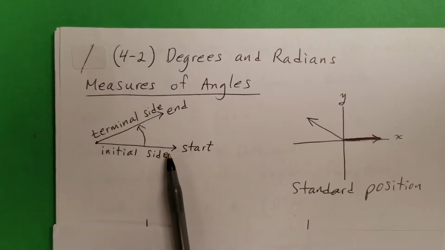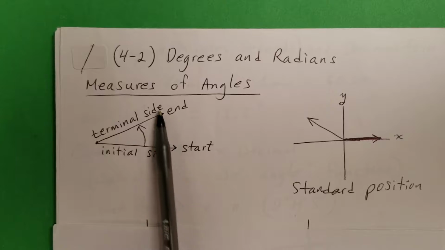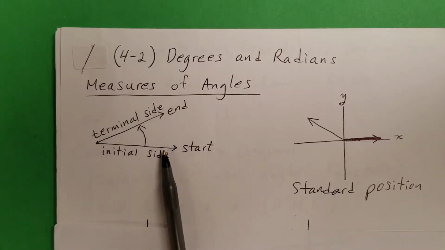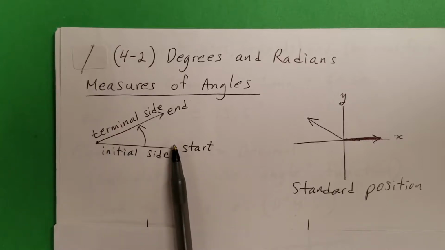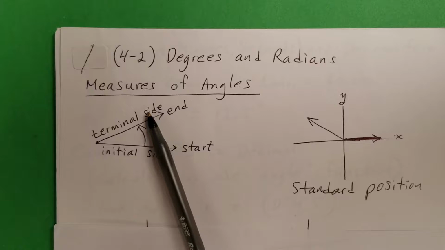you have the angle, and usually you start on one side and you open up in a circular manner, right? And where you stop, you form an angle. So you have a starting side and an ending side. We call that initial side and terminal side, okay?